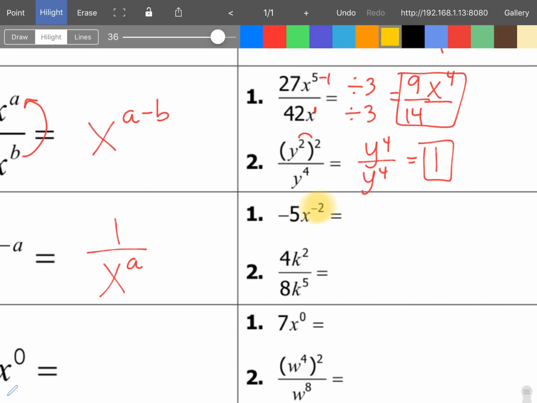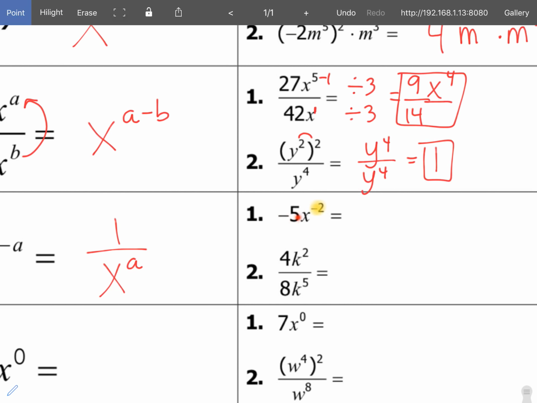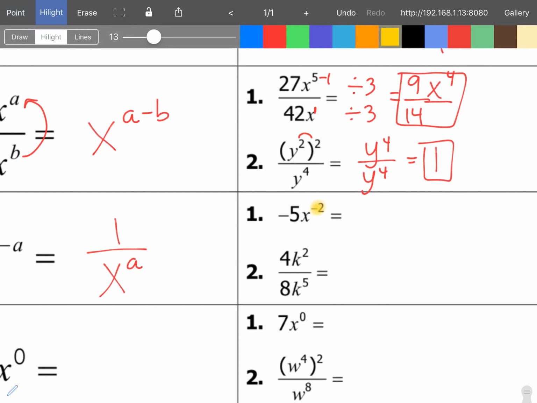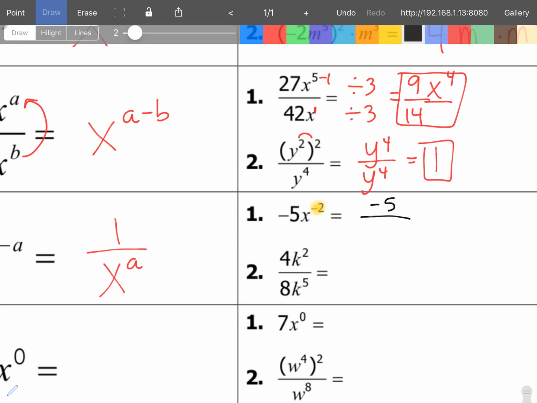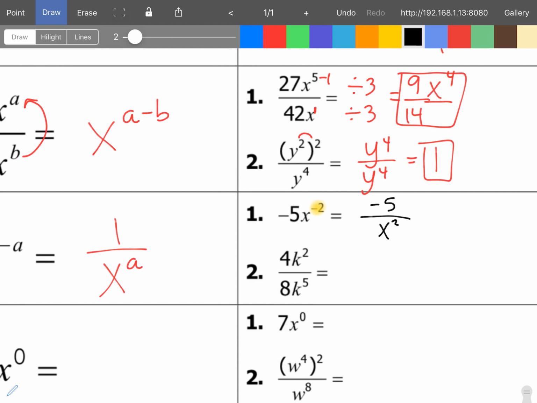That means we're only putting this x on the denominator, because this negative 5 is not being raised to a negative power. So we're going to keep that on top. This x to the negative 2 is the one that is being raised to a negative power, so we're going to move that to the bottom and make it x squared to the positive 2. And then that's your final answer.